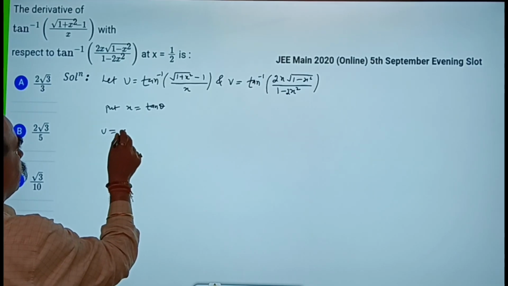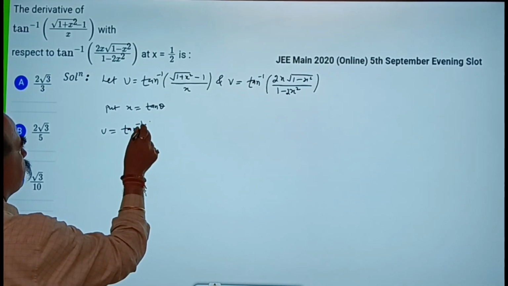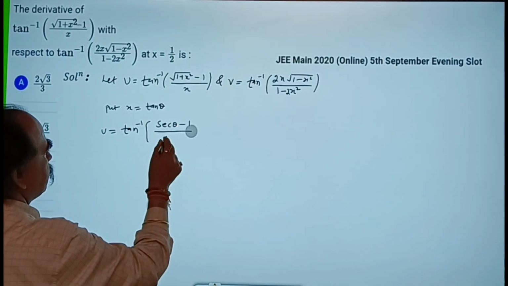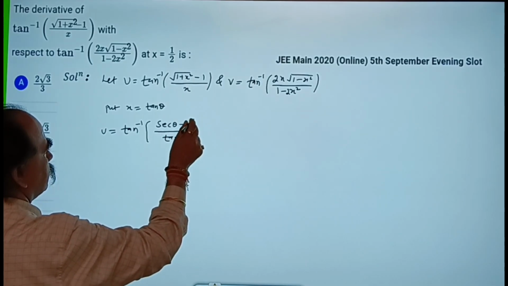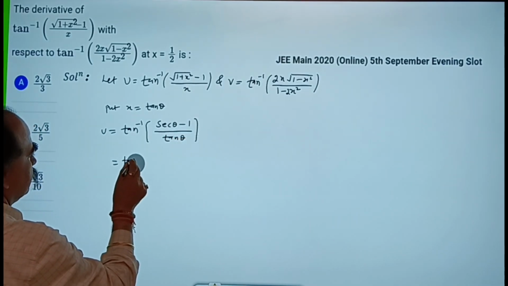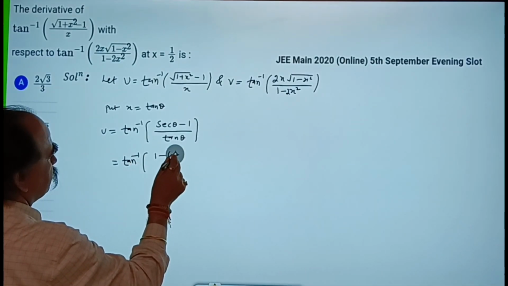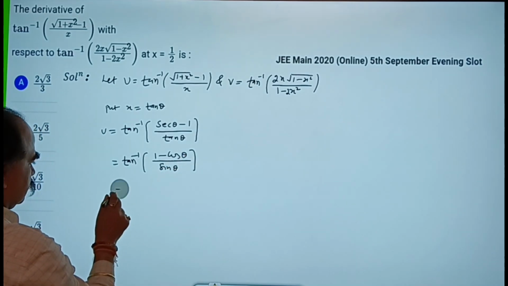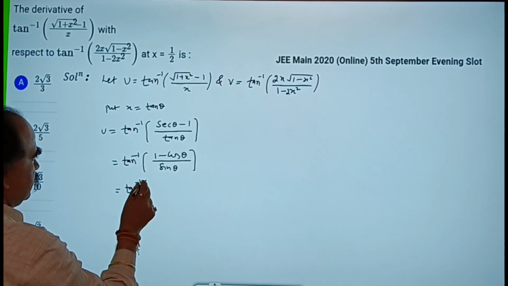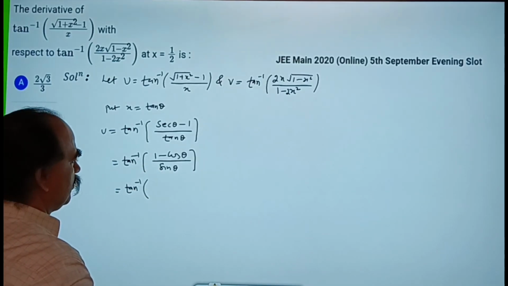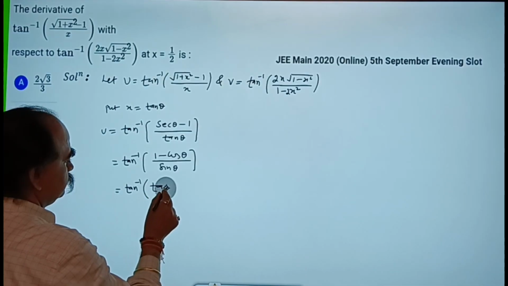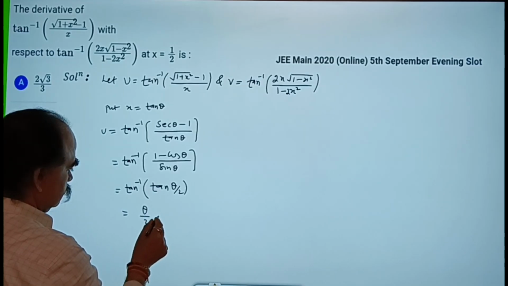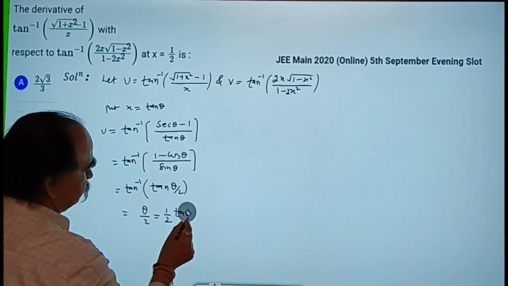So u will become tan inverse of (sec theta minus 1) upon tan theta, which is tan inverse of (1 minus cos theta) upon sin theta, tan inverse of 2 sin square theta by 2 upon, so it is tan theta by 2, half tan inverse x.